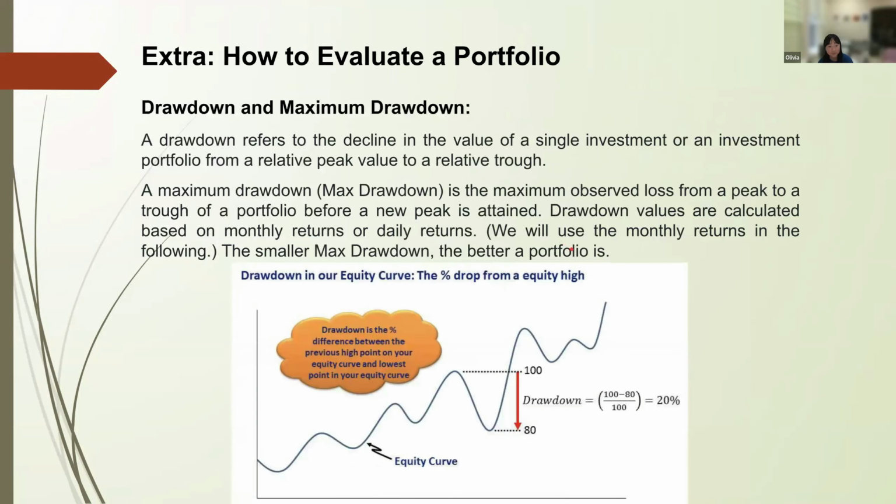There's also drawdown and maximum drawdown. A drawdown refers to the decline in the value of a single investment or an investment portfolio from a relative peak to a relative low. You can see from this high point to this lowest point, that's a 20% drawdown.